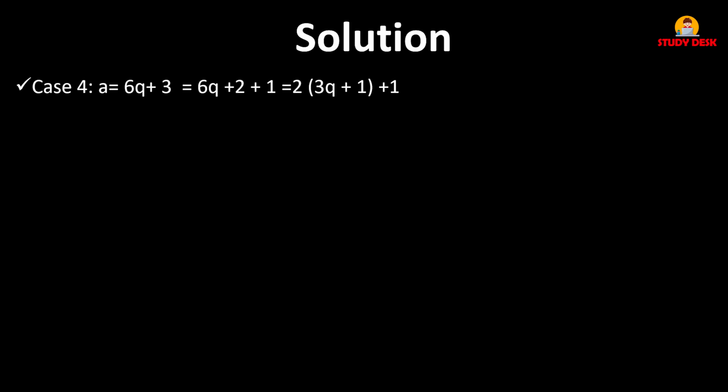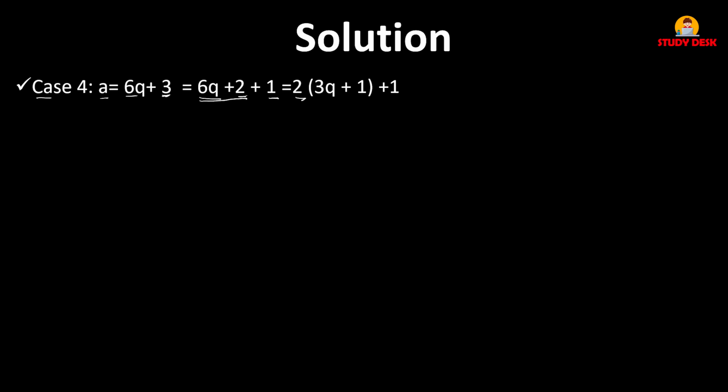Now, let's discuss case 4. So, in case 4, what are we doing? We are considering the remainder as 3. Therefore, a can be written as 6q plus 3. Now, this 3, we are trying to write as 2 plus 1. So, this 6q plus 3 entirely, we are writing as 6q plus 2 plus 1. Now, from these two values, 6q plus 2, we are taking 2 common.